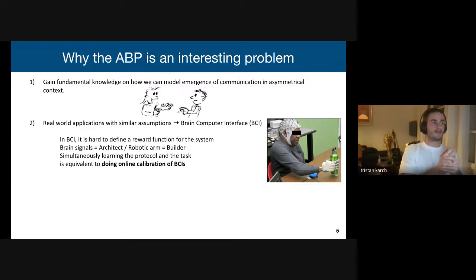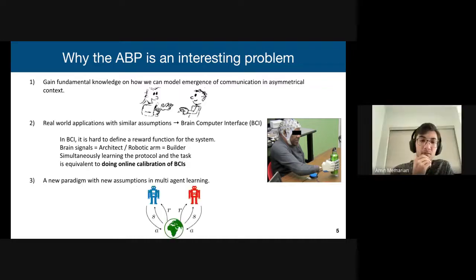And one big issue with BCIs is that they need to be calibrated to each human. And we can see the architect builder problem as one where the builder needs to simultaneously learn the task and learn how to perform the task. And we can see that it can be equivalent to doing online calibration of BCIs.